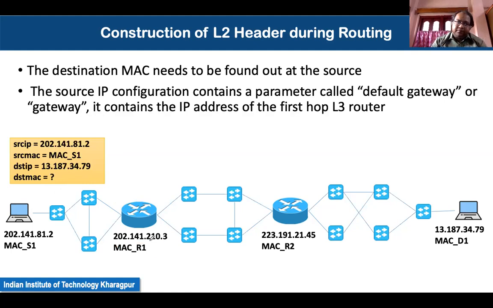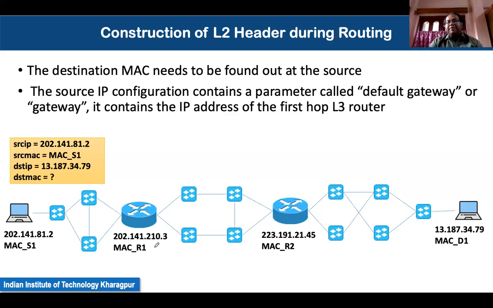So the source IP configuration. This is a source machine, and you need the IP information of 202.141.210.3. Now the question is how you are going to get it. If you look into the source IP configuration of a device, it contains a parameter called default gateway, or sometimes just gateway.